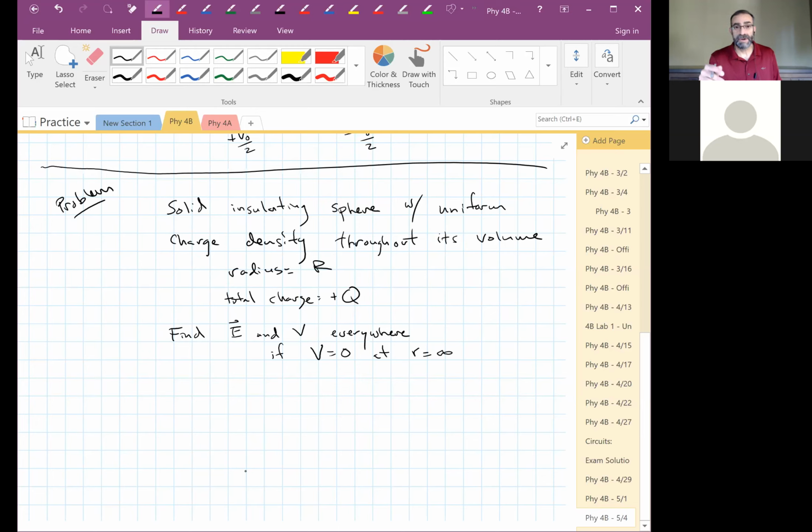The best approach is to find the electric field everywhere using Gauss's law, and then integrate the electric field, negative integral E dot ds, to find your electric potential. Okay, so you've got to spot those problems, be able to see a problem like this and spot how to solve it. Okay, so find the electric field everywhere.